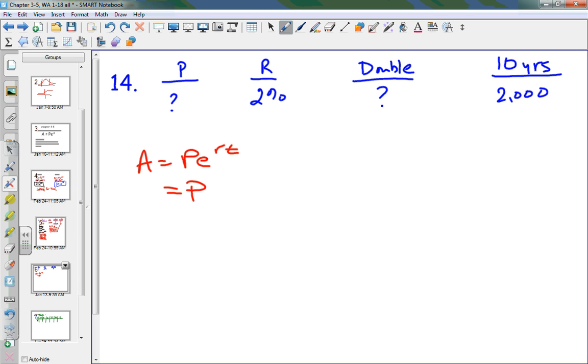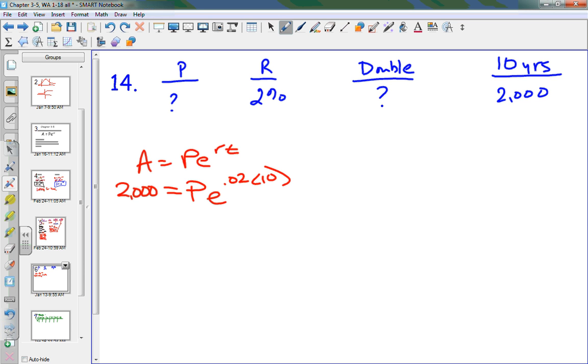I know my rate. My rate is 2%, so that's going to be 0.02. What else do I know? The time is 10 years. Okay, well, what else? The amount of money in my account after 10 years is $2,000. So how do I find my P?